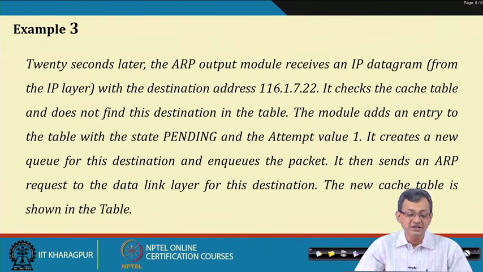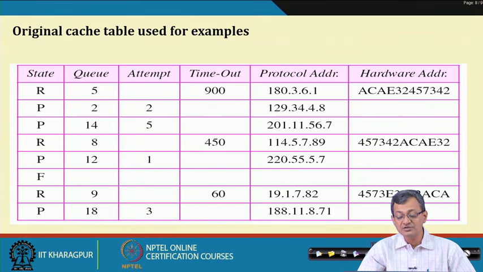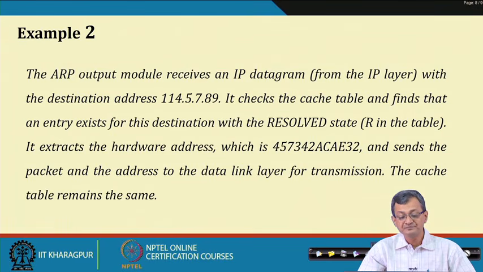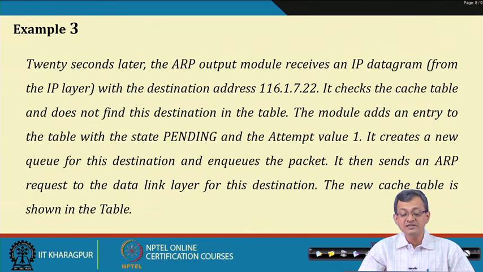Scenario 3: 20 seconds later, the ARP module receives an IP datagram for the destination 116.1.7.22. It is not there. It checks the table and finds that the destination address is not present in the table. So, the module adds a new entry with the state pending and attempt is 1.